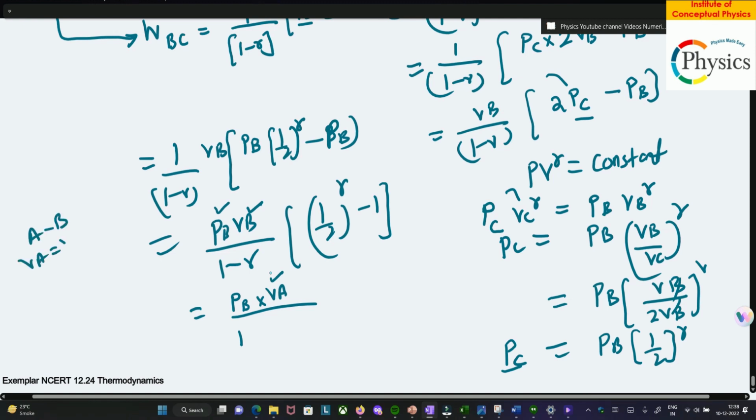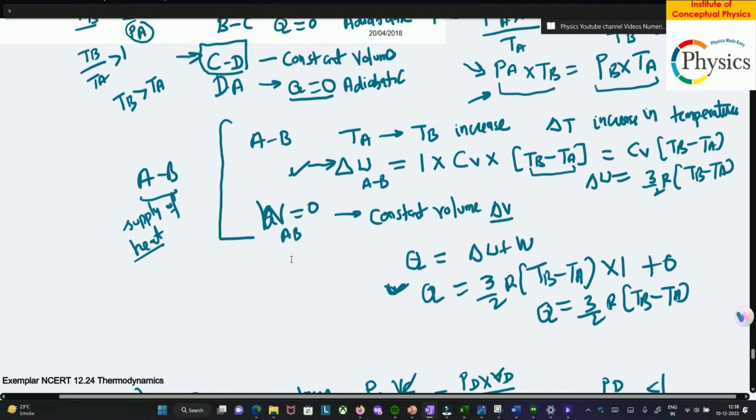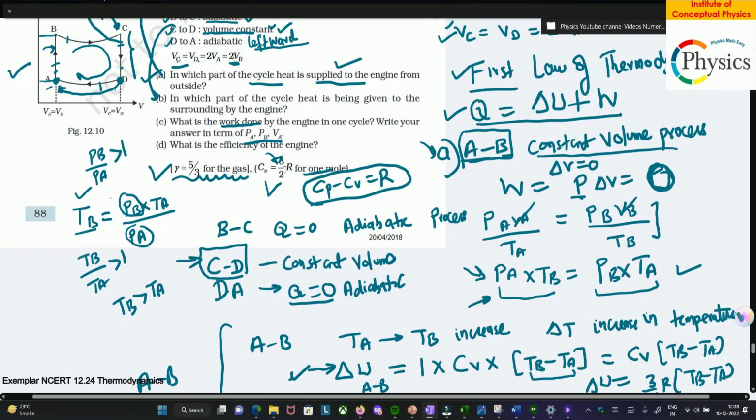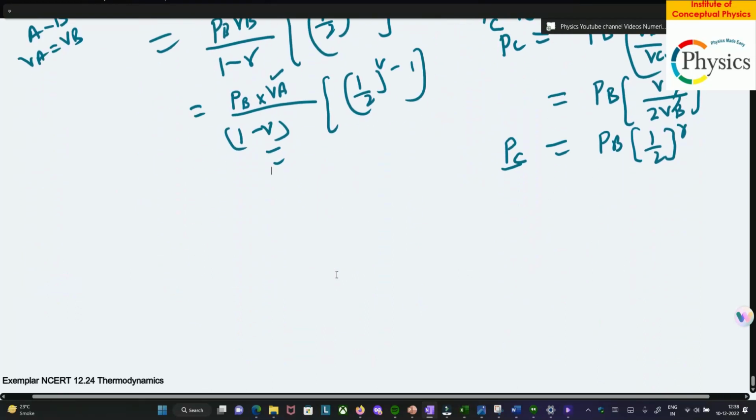So I will replace it here as VA. So PB multiplied by VA upon 1 minus gamma, (half)^gamma minus 1. What is the value of gamma given to you? The value of gamma is given in the question to be 5 by 3 for the gas, so I'll just put the value here.